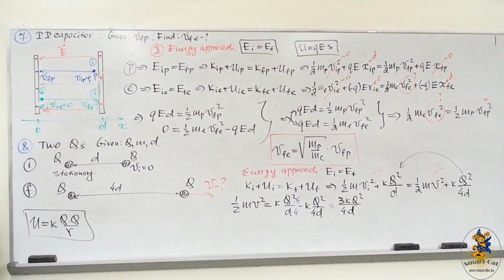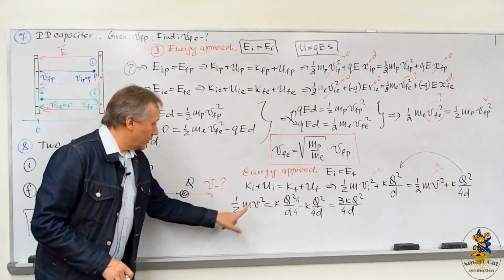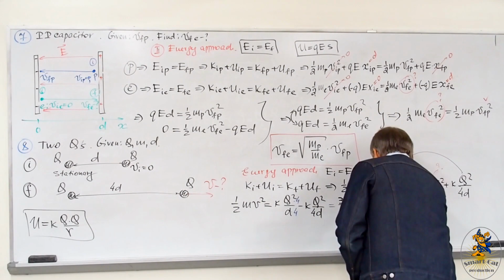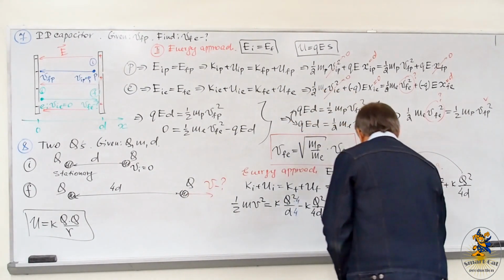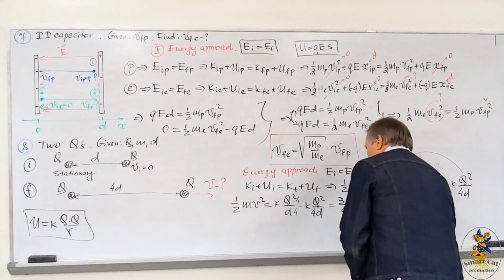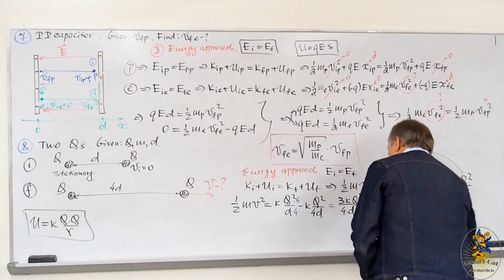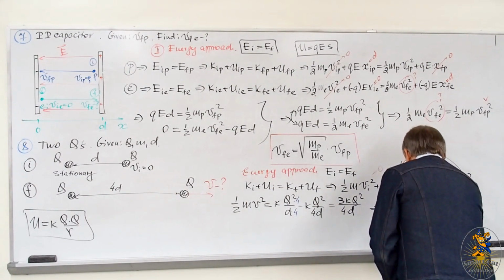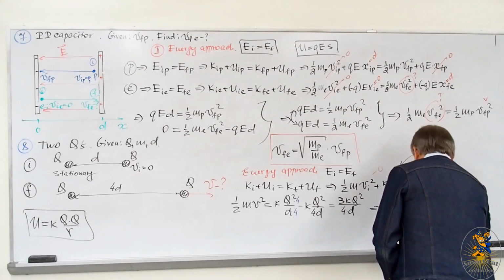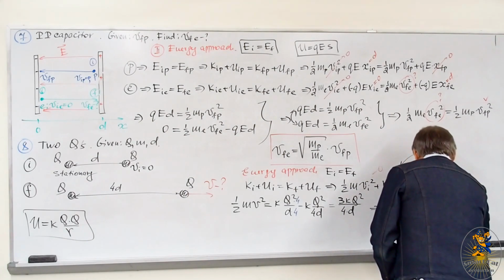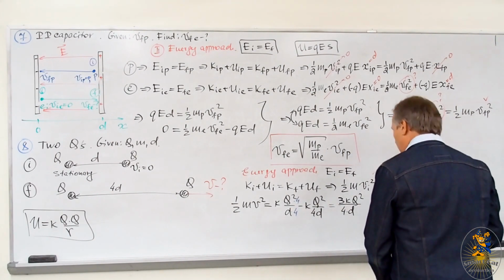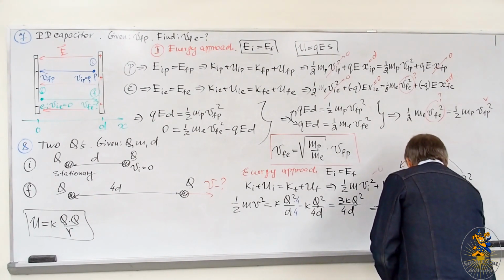Okay, so now that 2 and mass go to that side, and as a result, let me continue here. So it will be v equals 3, times 2 k Q squared divided by 4 m d.